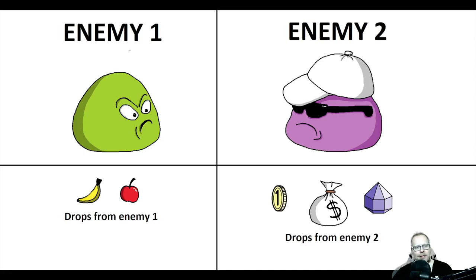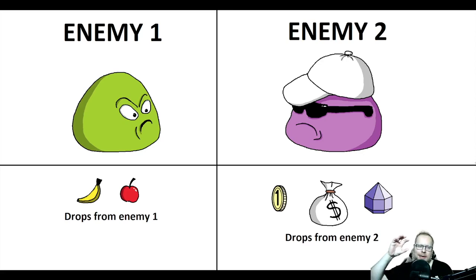So if you look at this guy, enemy number 1, if I kill enemy number 1, he's going to drop either a banana or an apple. If I kill enemy 2 over here, he's going to drop either a coin or a bag of money or a diamond. So in very simple terms, that's what drop tables are.